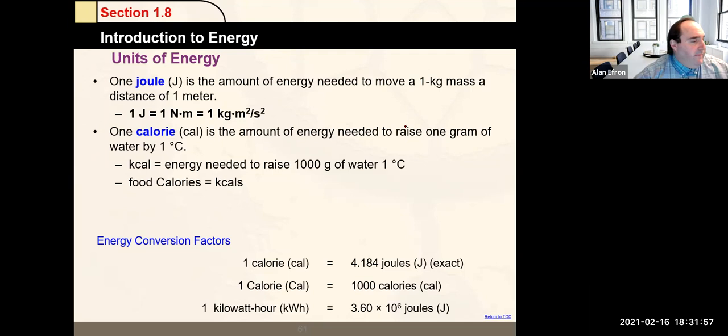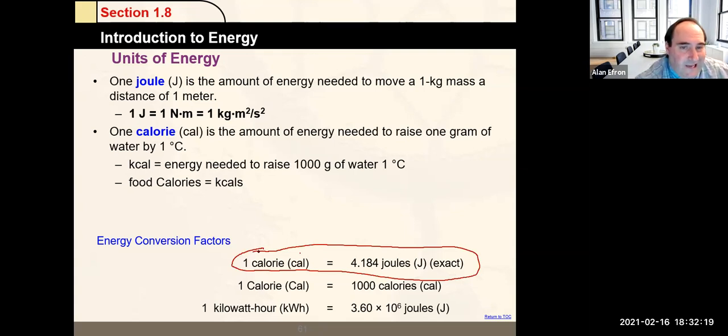It's basically the amount of energy required to raise 1 gram of a substance by 1 degree Celsius. Here are some common conversion factors. And again, we're not going to get into a lot of energy, but this relationship is used a lot to go from one unit to the next.